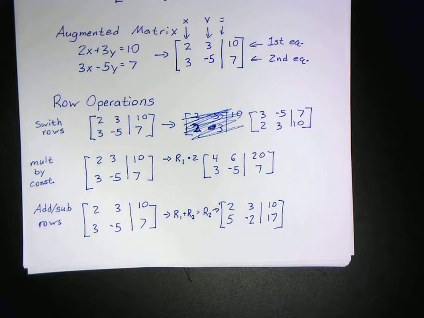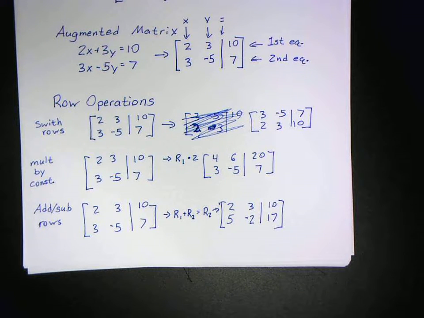But with a matrix, we have limited space. So whenever I get a new equation, I have to eliminate an old equation. I have to actually delete one of my old equations to insert my new equation.